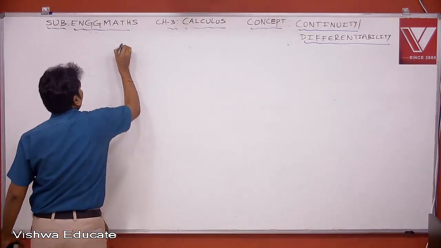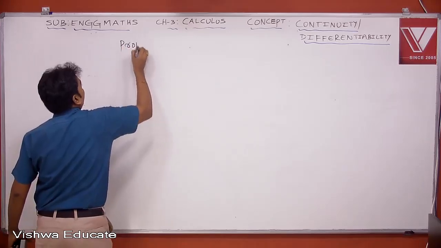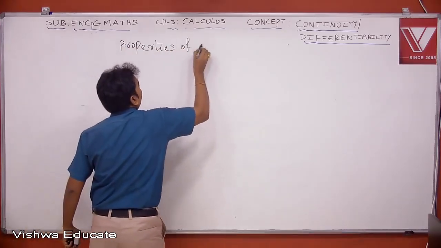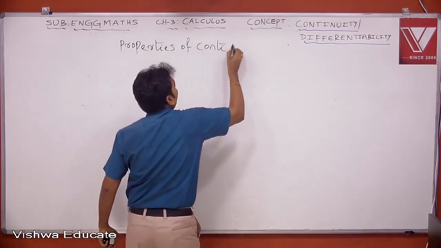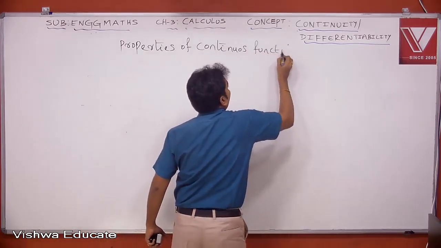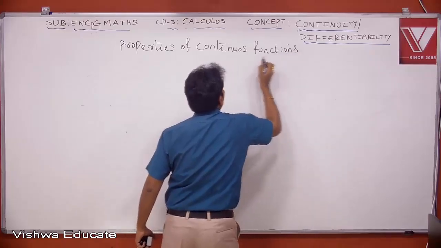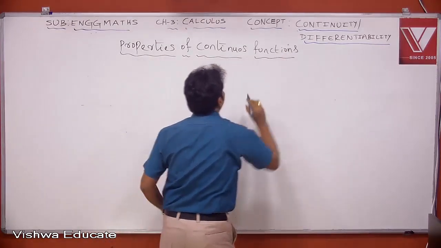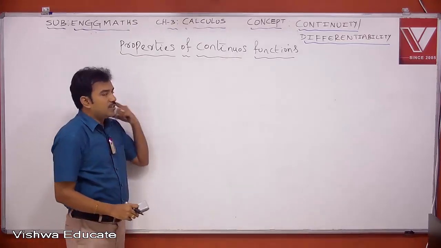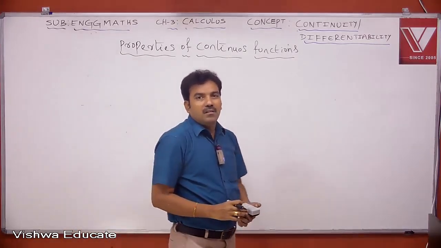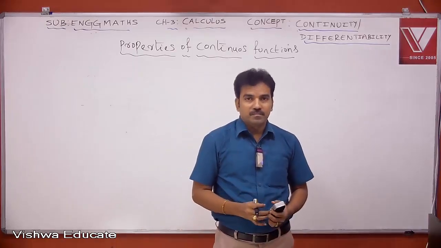Next we discuss properties of continuous functions. Let us see what are these properties. Suppose I have a complicated function.